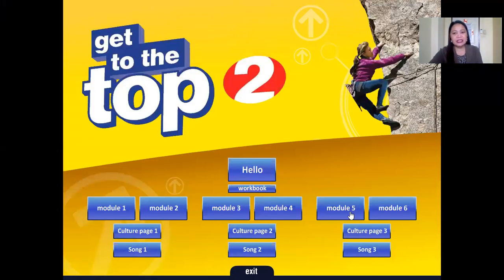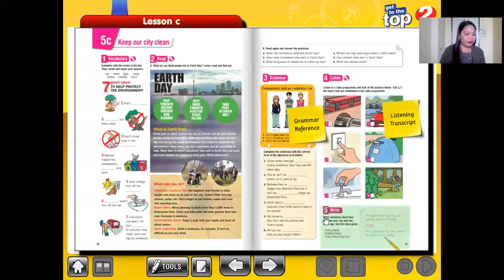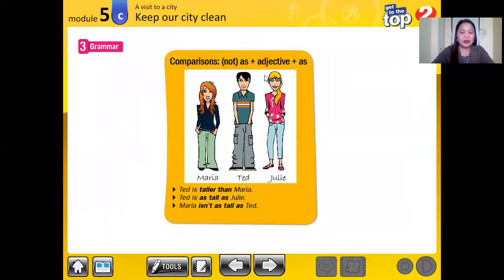Now let's go back to our class book and we are going to discuss this time the grammar. The grammar part of our module 5 is about comparison. So we are going to compare 3 teenagers here and we have to use as plus adjective plus as, or if it is negative we have to use not as plus adjective plus as.